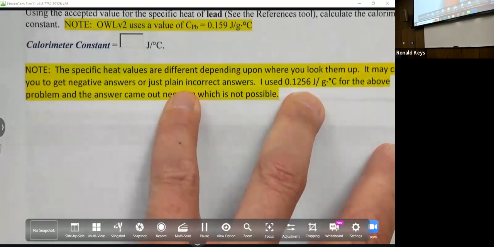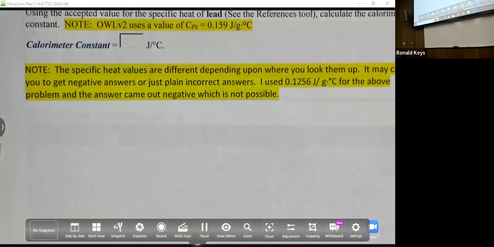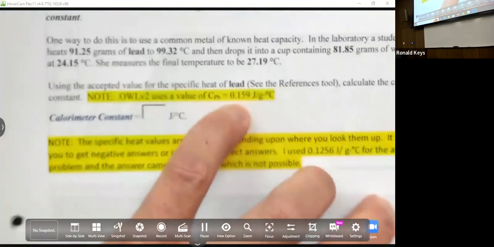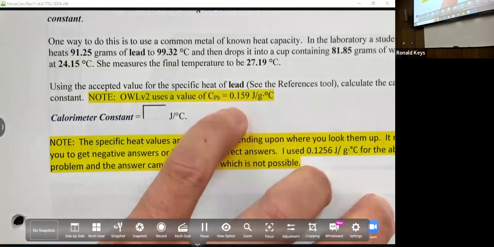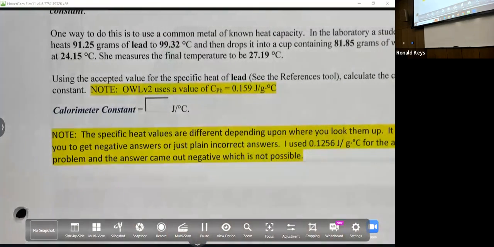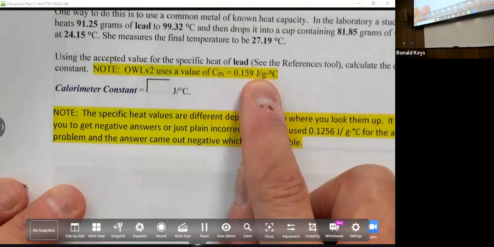So when you do these problems, there is not a nice locked in chart for specific heats. They seem to vary somewhat. So if you're doing the questions in OWL, use OWL, I think has a chart in there. Use those values. Otherwise, you'll be doing what I did. I was like, what the heck? And by the time you do a long problem like this and you get a negative number, I went back and searched and searched and searched, and then there was only one solution finally at the end, and I researched that number.